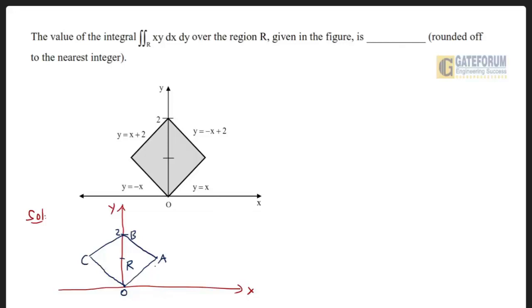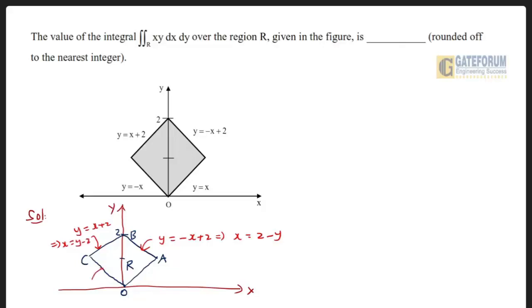So joining C and A, above that, if I take a horizontal strip, the limits change. So first of all, the curves. This curve is y is equal to minus x plus 2. I want to take a horizontal strip, or you can take a vertical strip dividing the region into 2 parts also, which implies x value is 2 minus y. And this curve equation is y is equal to x plus 2, from this, x is equal to y minus 2.